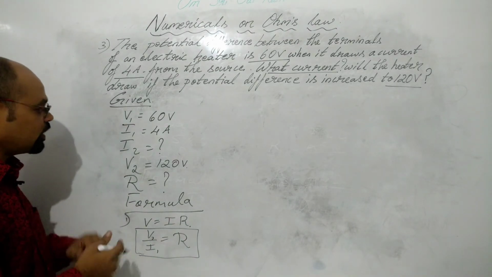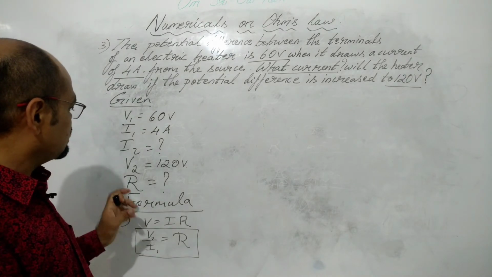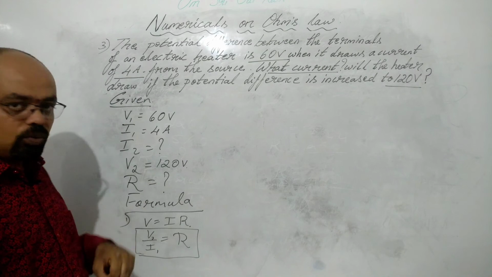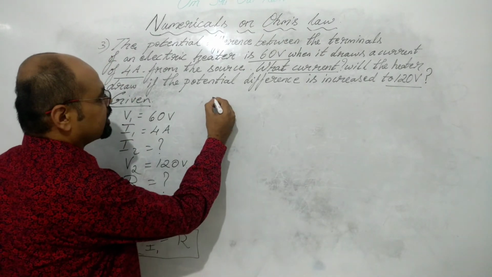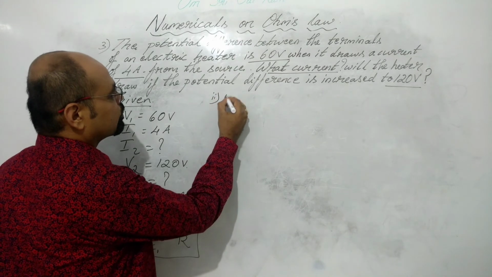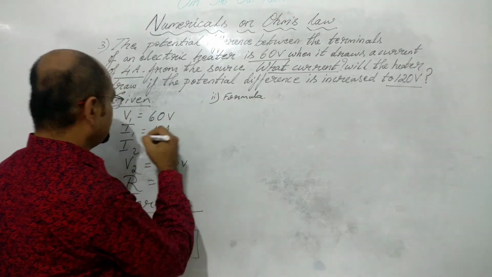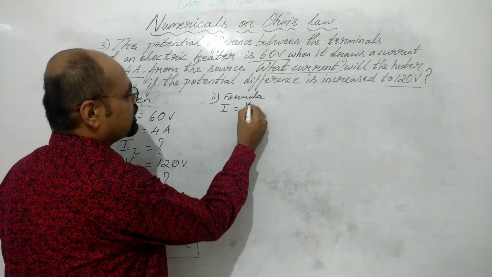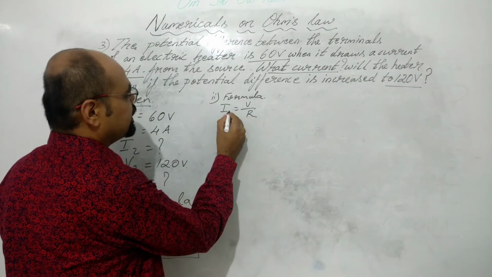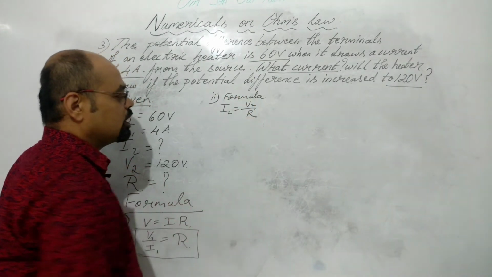Then we have to find I2. Let's write the second formula: I is equal to V by R. So we will take I2 is equal to V2 by R.